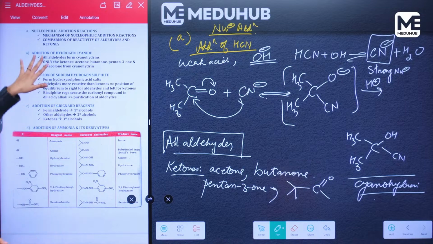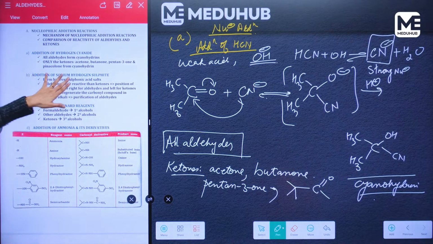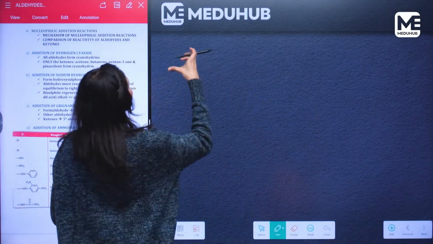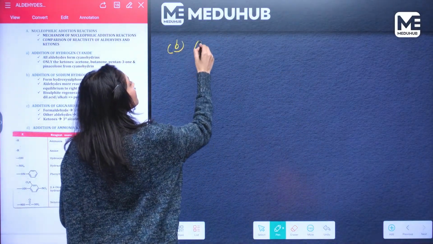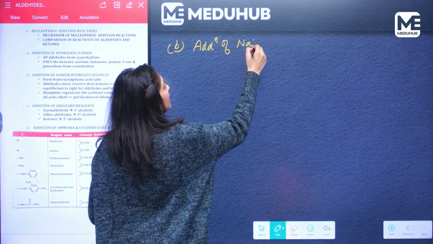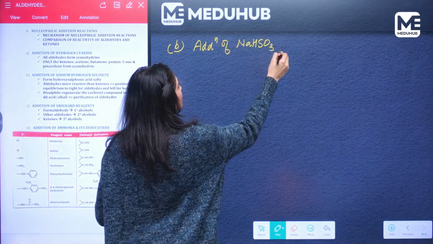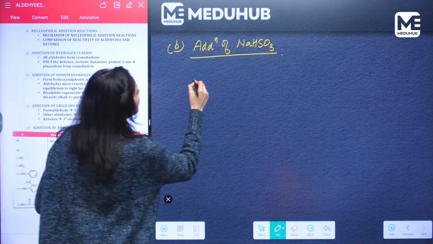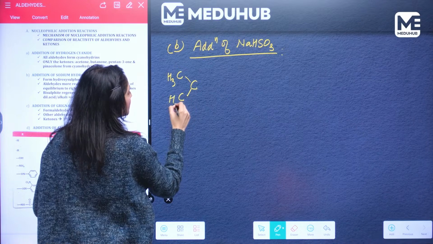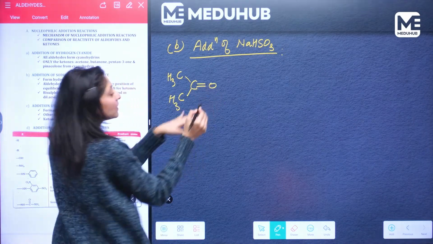Next reaction in nucleophilic addition is addition of sodium hydrogen sulfite, NaHSO3. This is the carbonyl compound.